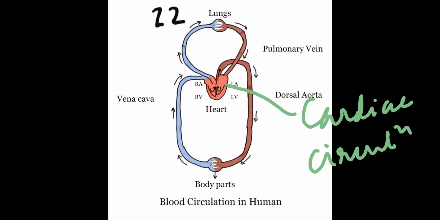Heart to heart, isn't it? Interesting one. You see, the heart is pumping blood and providing blood to the lungs and to all body parts. It also provides blood to its own self, and that is the cardiac circulation.